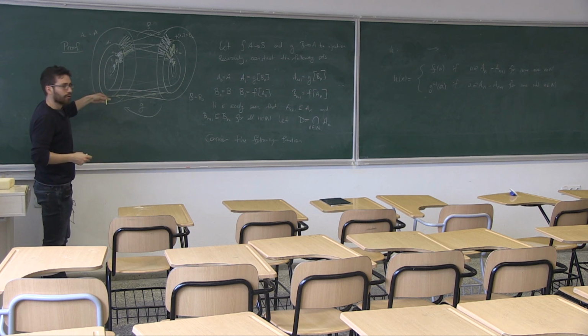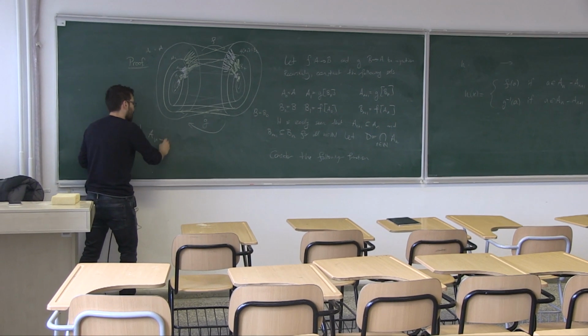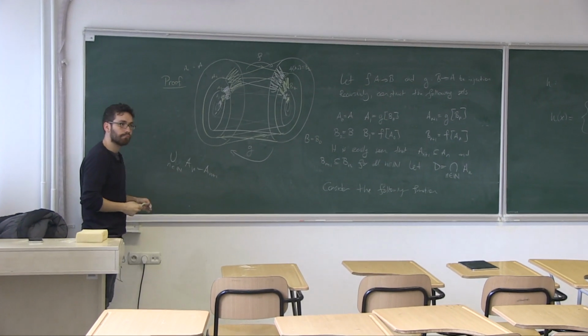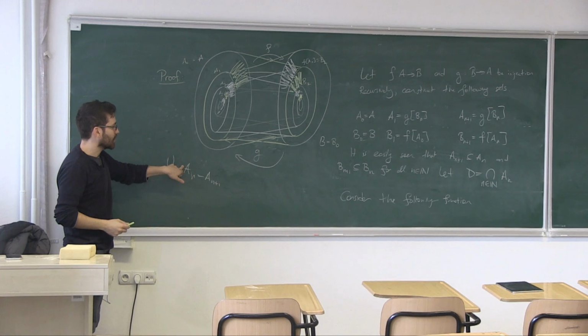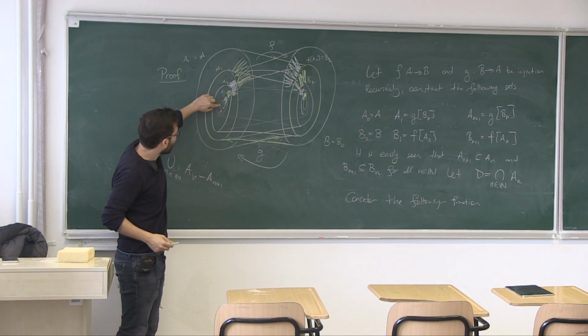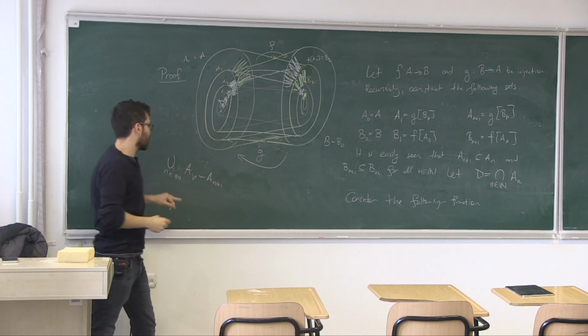Now, what's the domain of this function? It is the union of A_n minus A_{n+1}'s, right? What is this? This is all of A except the intersection.